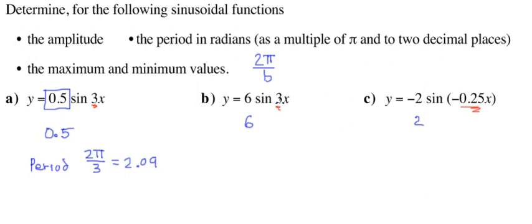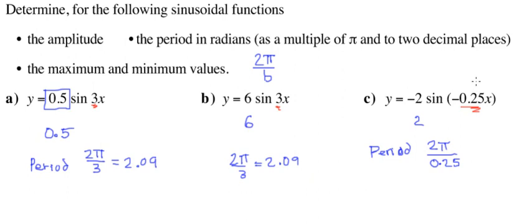This one also has a 3 in front of the x, so its period is also going to be 2 pi by 3, or 2.09 radians. And here we get something different. The period for this last one is 2 pi divided by 0.25. Again, if there's a negative, ignore it.